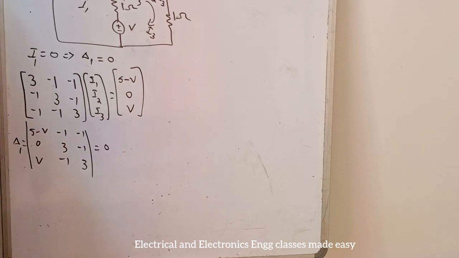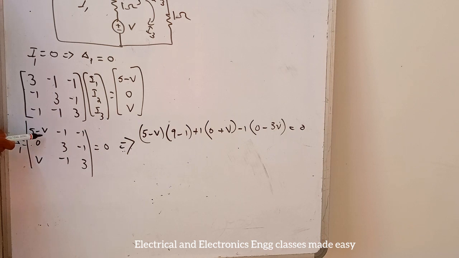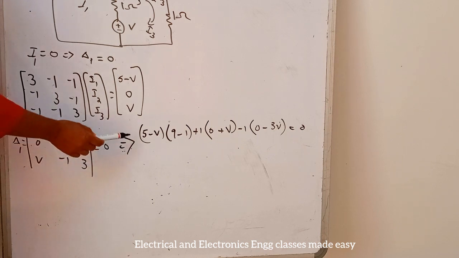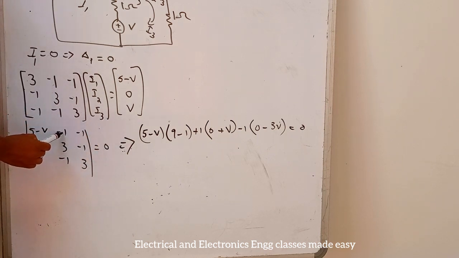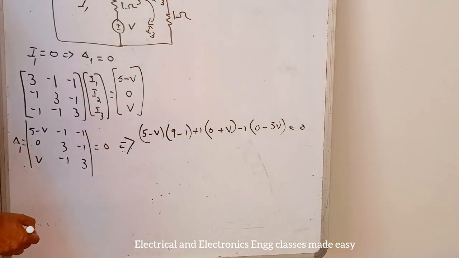Now we can find the determinant. So we get 5 minus V into 9 minus 1, then minus of minus plus 1 into 0 minus plus V, then minus 1 into 0 minus 3V equal to 0.